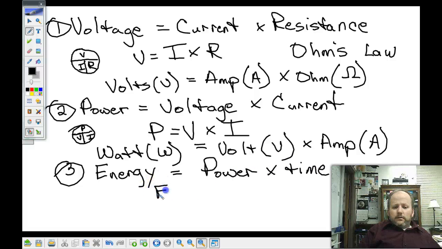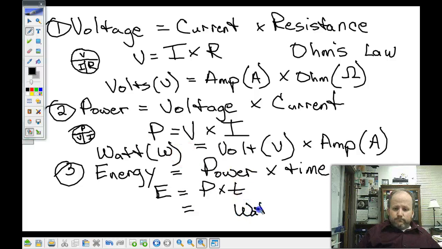E equals P times T. But now I want to slow down a little bit because this one gets a little tricky. I just showed you that the unit we normally use for power is a watt.